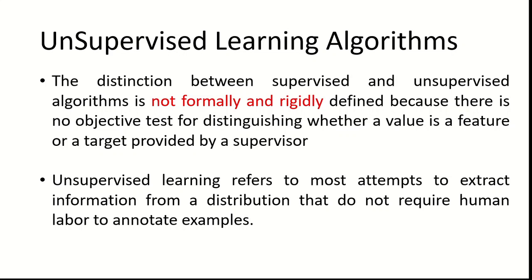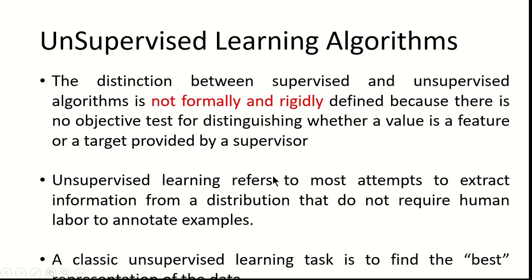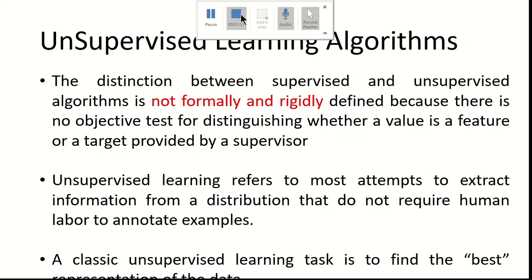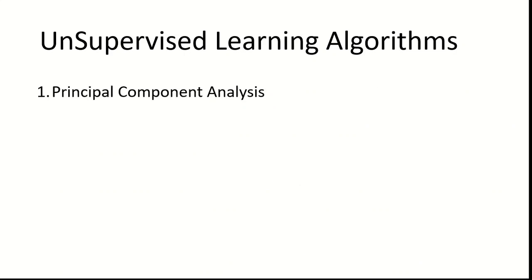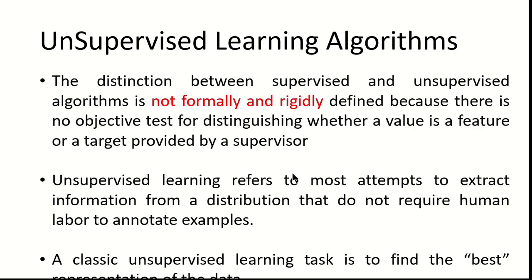And when we talk about unsupervised learning, we give unlabeled data to the system, and the system itself identifies the data or categorizes the data. So a classic unsupervised learning task is to find the best representation of the data.